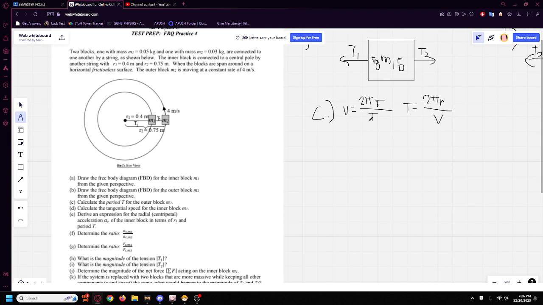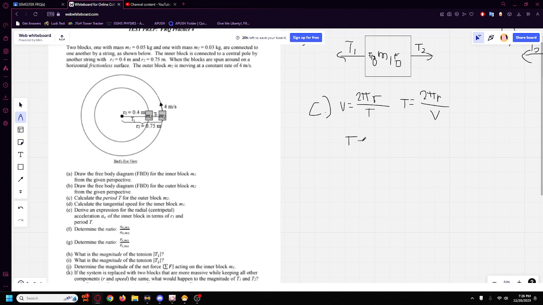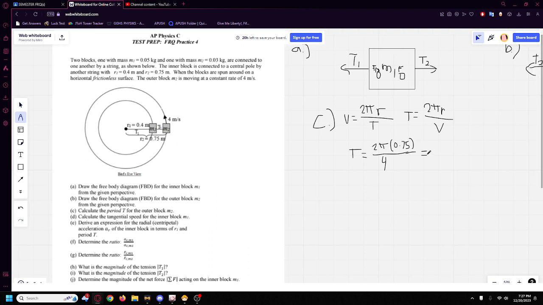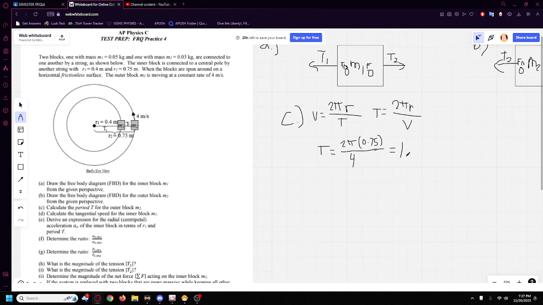Velocity is given as 4, so t is equal to 2 pi times 0.75 over 4, and r is 0.75 meters. And when you plug this into your calculator, you get about 1.18 seconds.